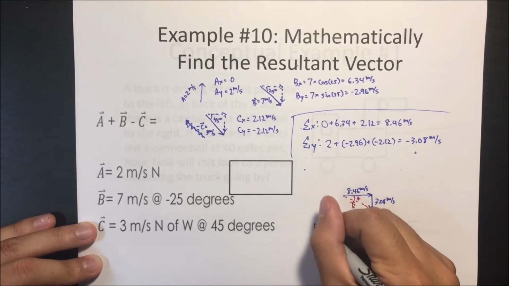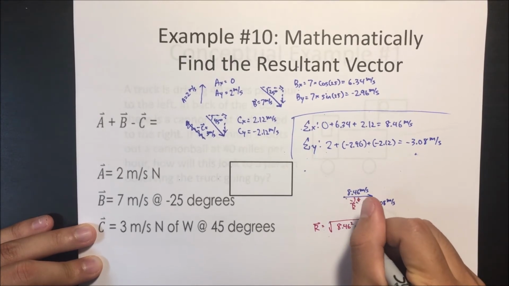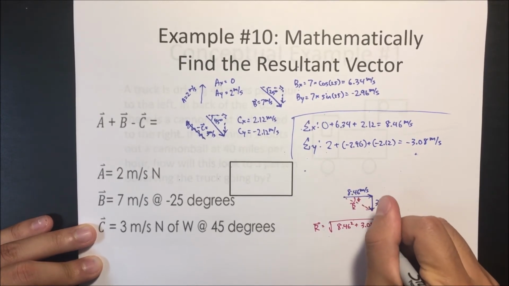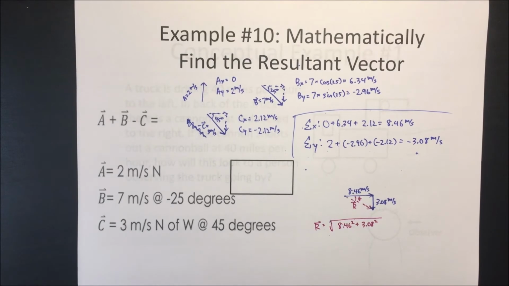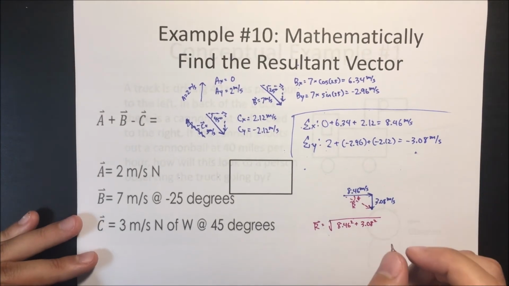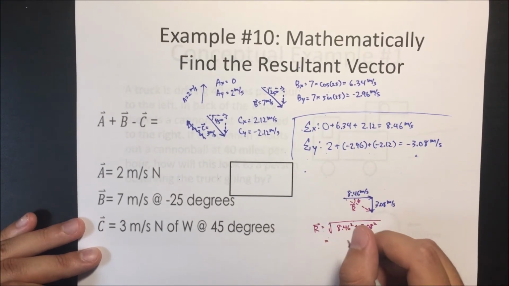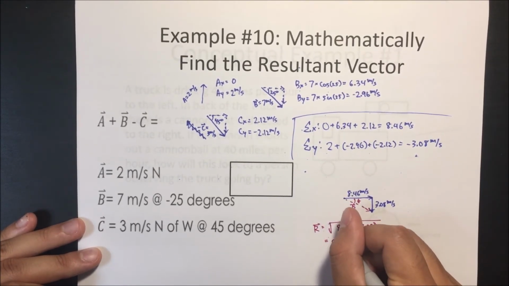And we get the resultant vector is equal to the square root of 8.46 squared plus 3.08 squared. And we get 9 meters per second.